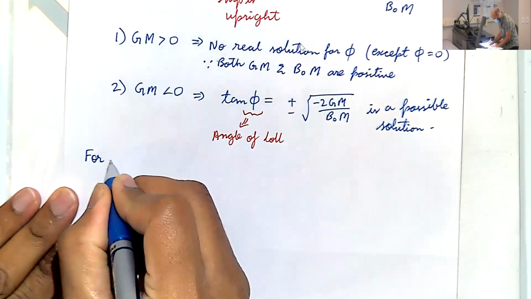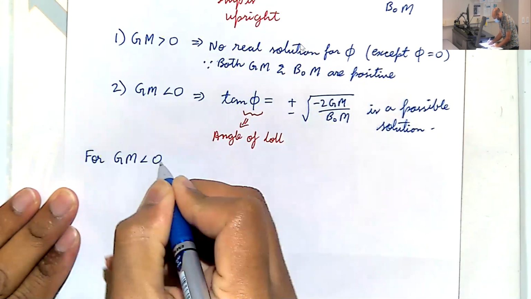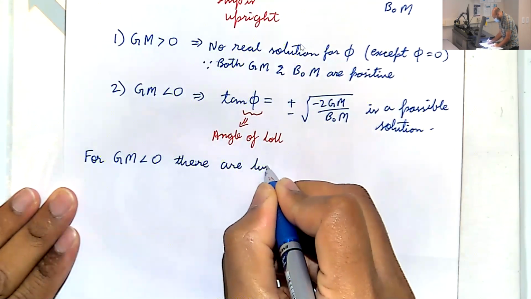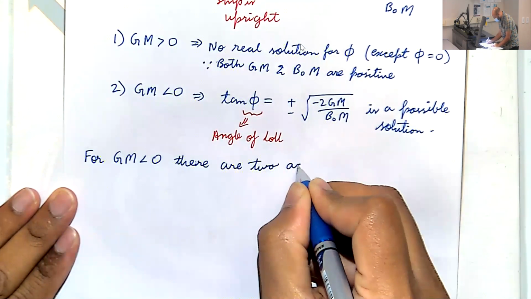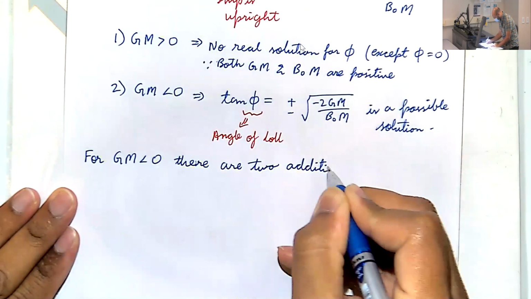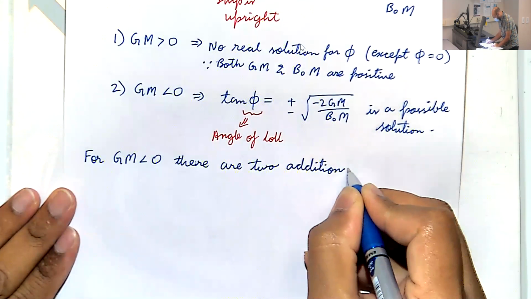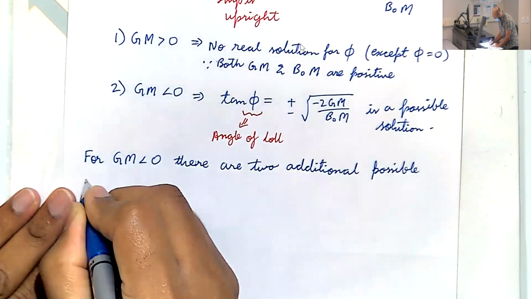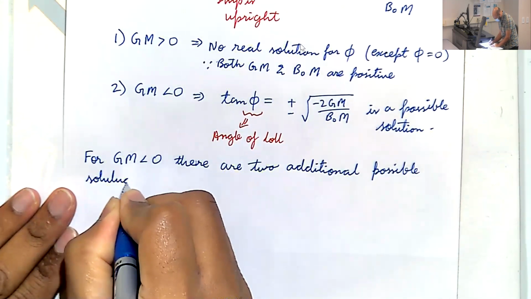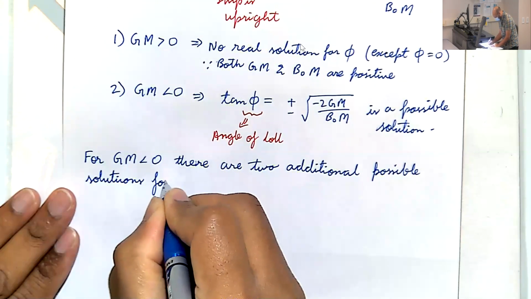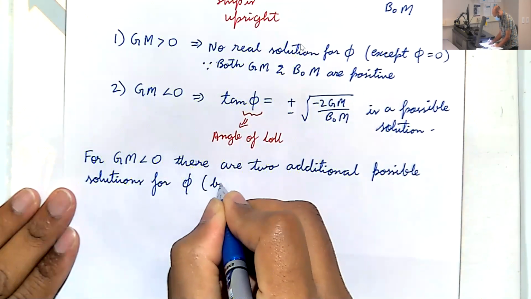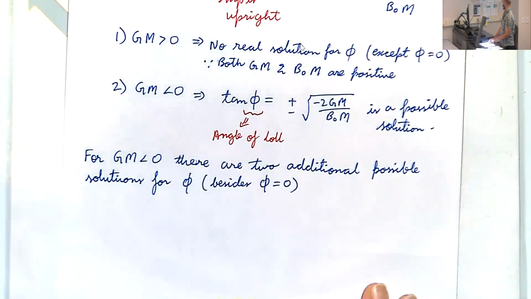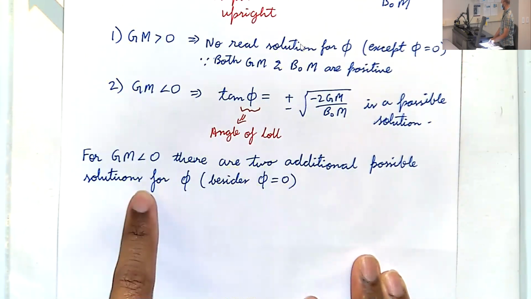For GM less than 0, there are two additional solutions for phi.